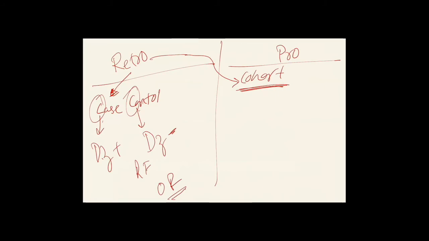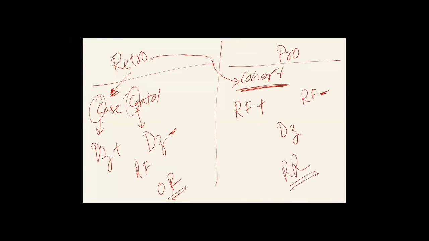In a cohort, I have risk factor positive and risk factor negative. Either I will track the patient from the past up to today, or from today into the future, and I'll see whether disease develops or not, and what we are going to get is called relative risk.